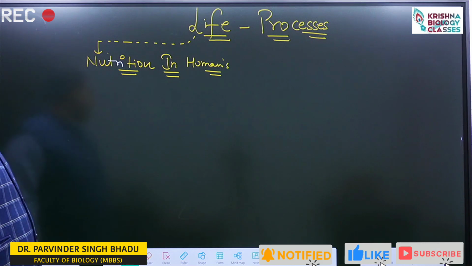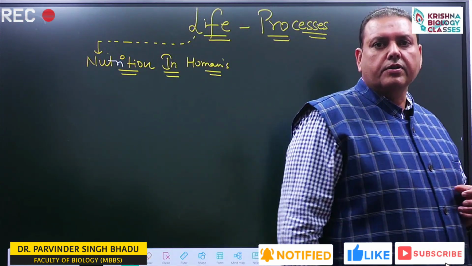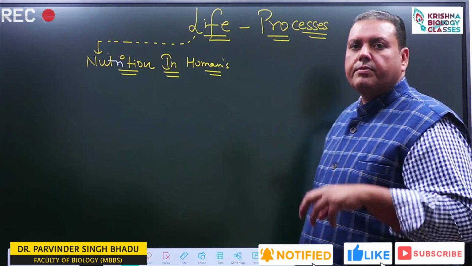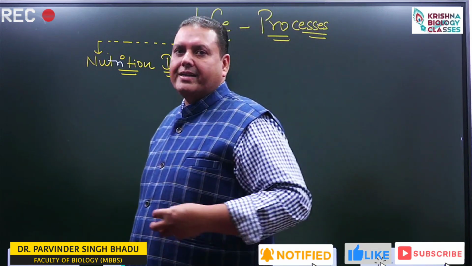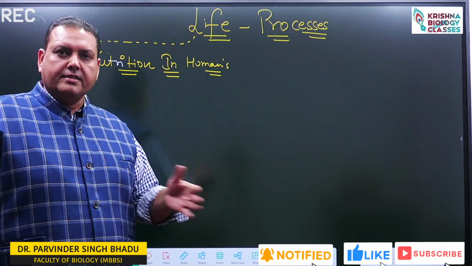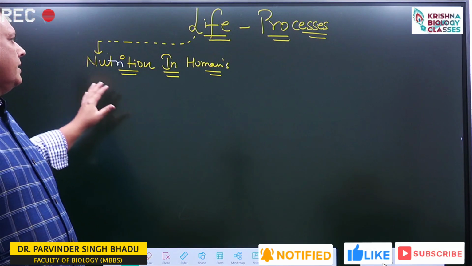In the previous class, we had discussed that nutrition is a process of utilization of nutrients, and with the help of this process we are able to release energy in our body, and later on this energy is utilized in the metabolic activity or chemical reactions of the cells of our body.